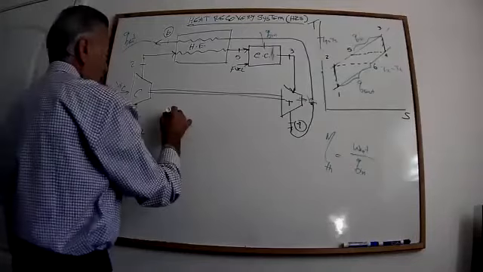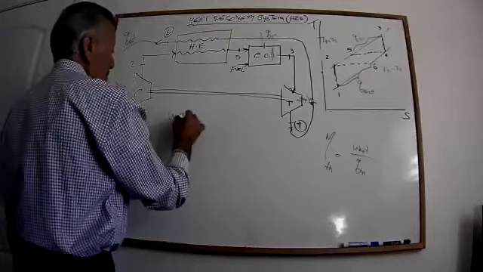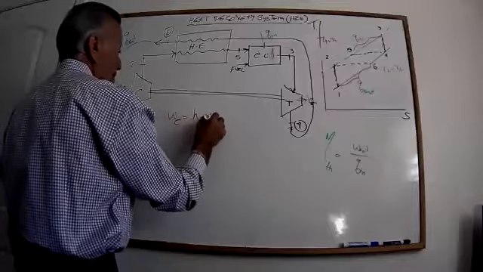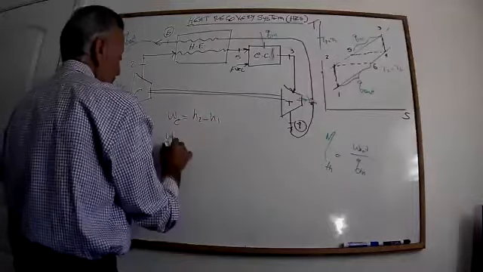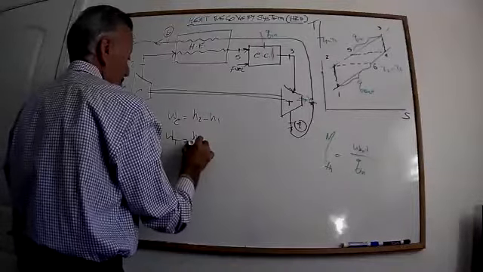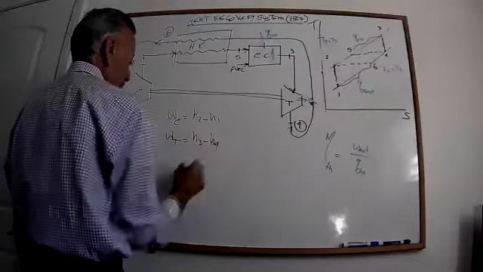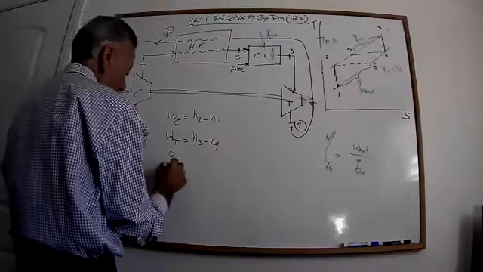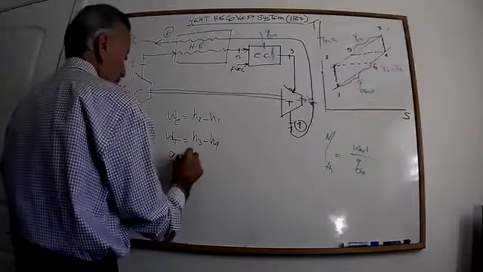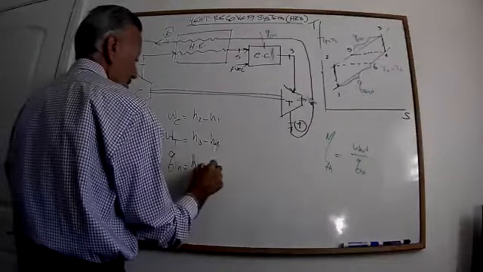Now, the work of the compressor is still H2 minus H1. The work of the turbine still is H3 minus H4. My Q in would be H3 minus H5.